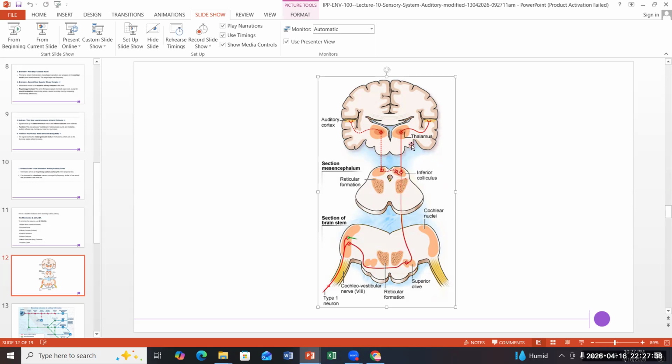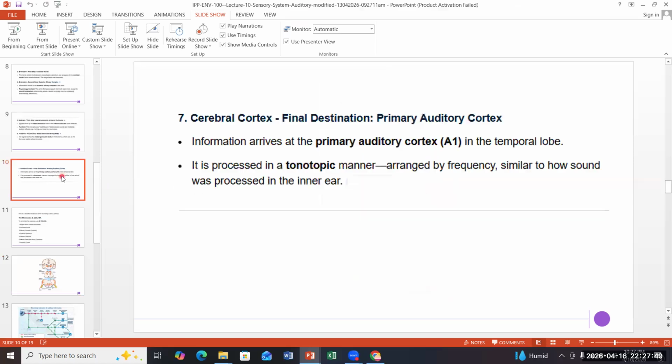From the inferior colliculus, it reaches the thalamus region. And from the thalamus, this electrical impulse reaches the auditory cortex within the temporal lobe. The information arrives at the primary auditory cortex within the temporal lobe.